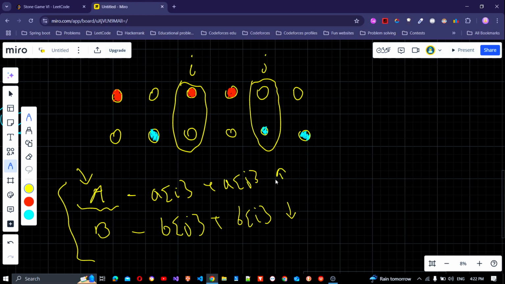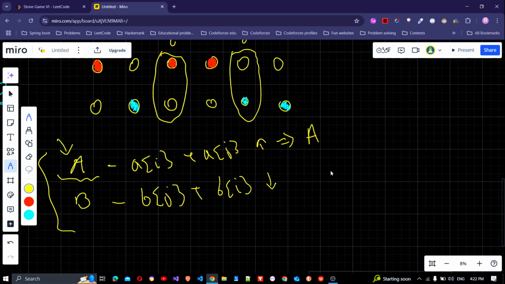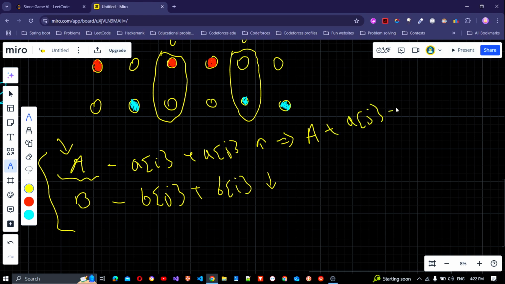So we can rearrange this term. We can have A minus, so we're going to have AJ minus AI, and for Bob we're going to have B minus BJ minus BI.